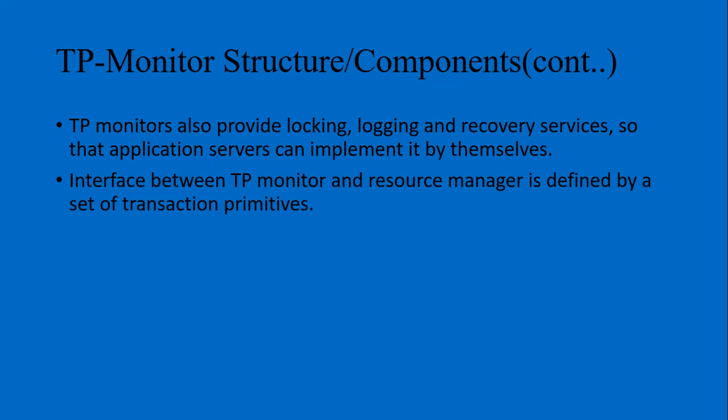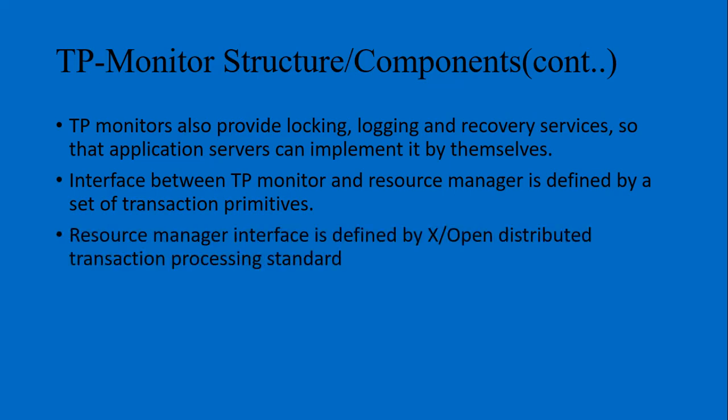The interface between the TP monitor and the resource manager is defined by a set of transaction primitives such as begin transaction, abort transaction, commit transaction, and so on. The resource manager also supplies data to the application server.